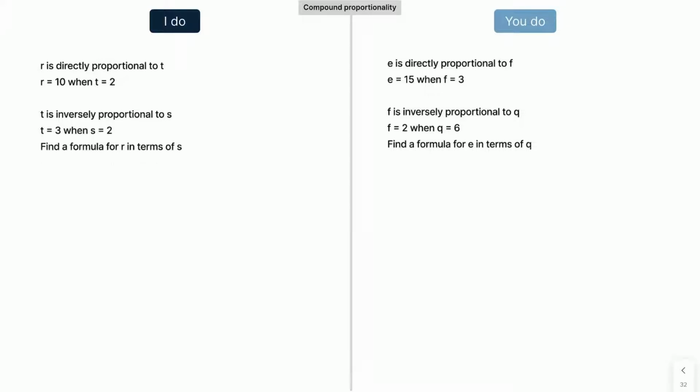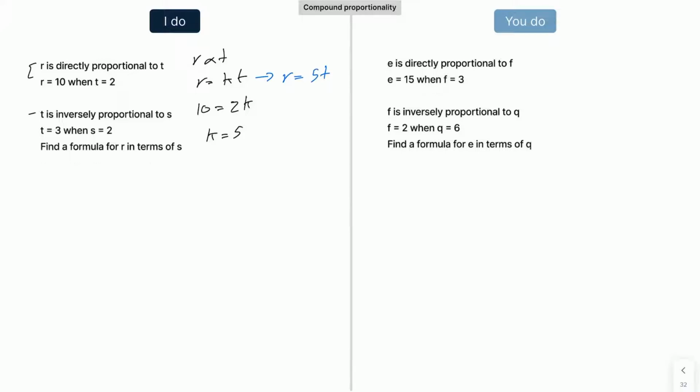Looking at the next one, we have R is directly proportional to T. Substitute the values in. So we know K is 5. Substitute K into there.